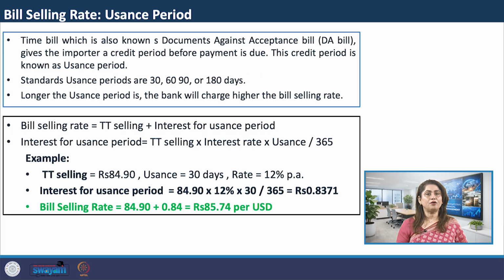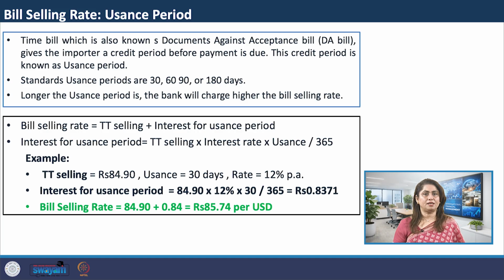The formula for bill selling rate mirrors the bill buying rate but on the selling side. Bill selling rate is equal to TT selling plus interest for usance period, and the interest for usance period is equal to TT selling into interest rate into usance days divided by 365. Now let's take this example.